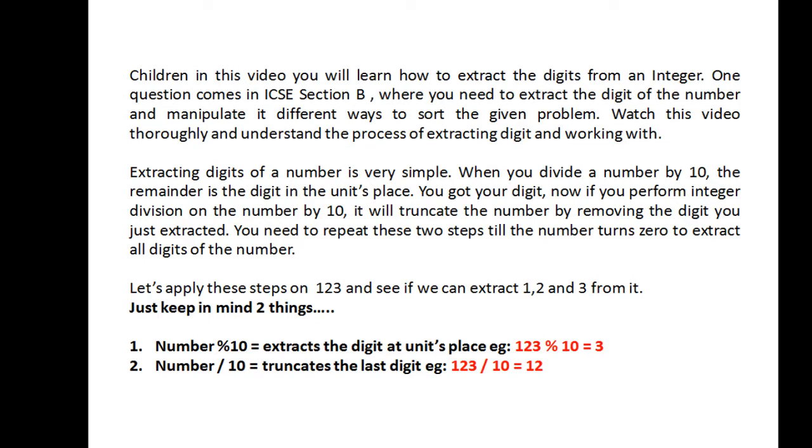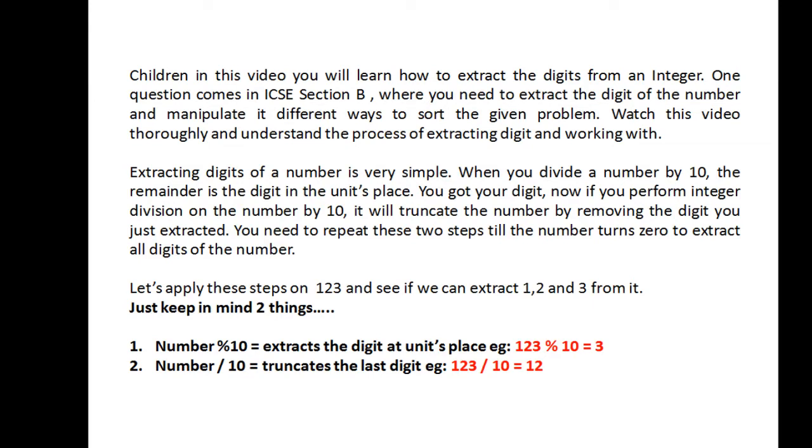Let us apply this on the integer 123 and see if we can extract 1, 2 and 3 from it. Just keep in mind two things. Number mod 10 will extract the digit at the units place. Suppose the number is 123 mod 10, so it will take out the last digit, that is 3.